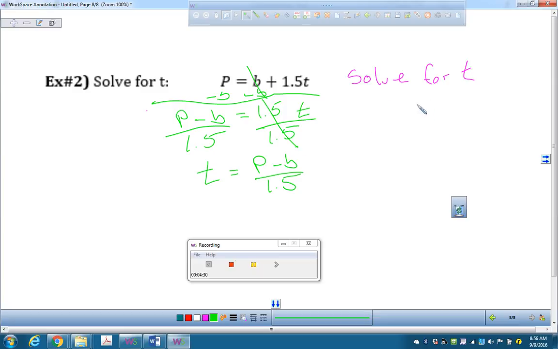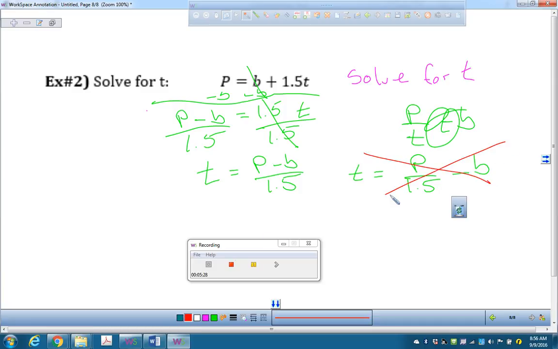If I divided at the beginning, I get P divided by 1.5 minus B, is equal to T. And that is not the same thing as this, right? If I plug in numbers into here, I get different numbers. So you have to go in the opposite order of the order of operations. So if you have this, you say, no, that's wrong, okay?